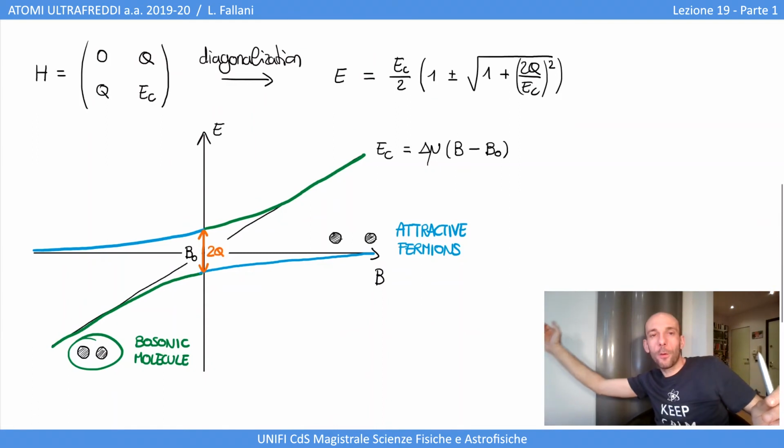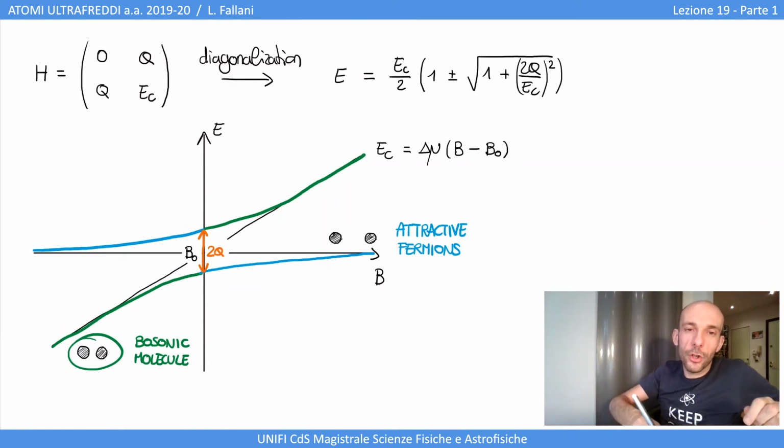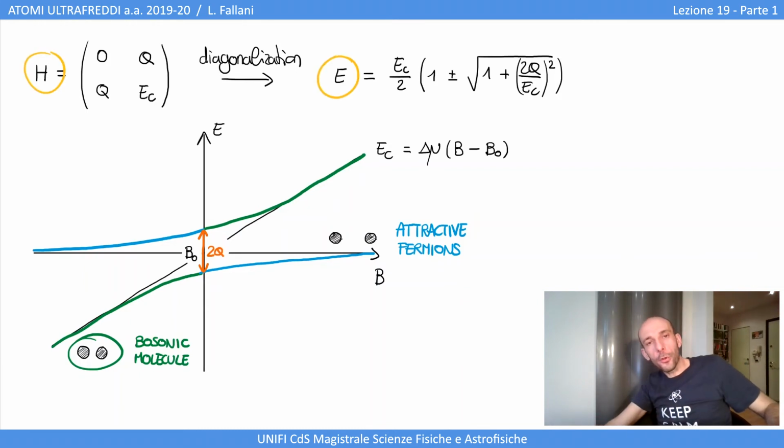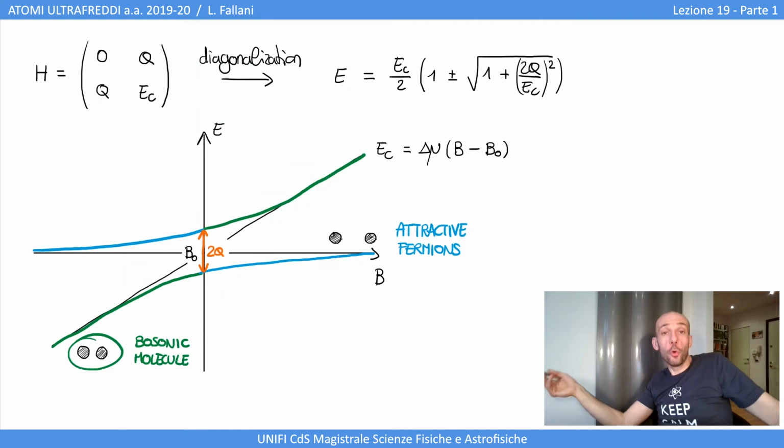It's just a very quick calculation that you could check. So these are the eigenenergies which correspond to this Hamiltonian. And if we plot them, you find the energy spectrum as a function of the magnetic field that is shown in this plot. And you have two solutions, so you have two branches for the energies.